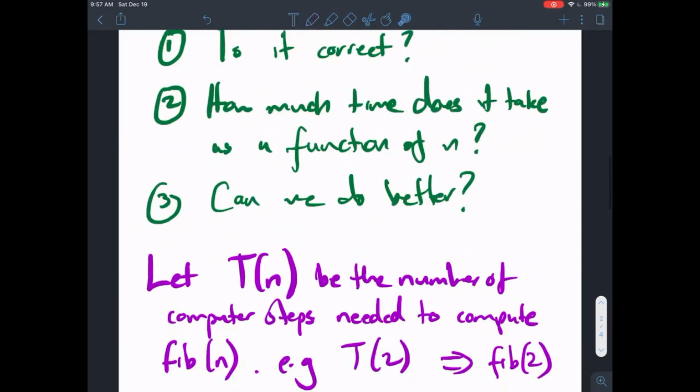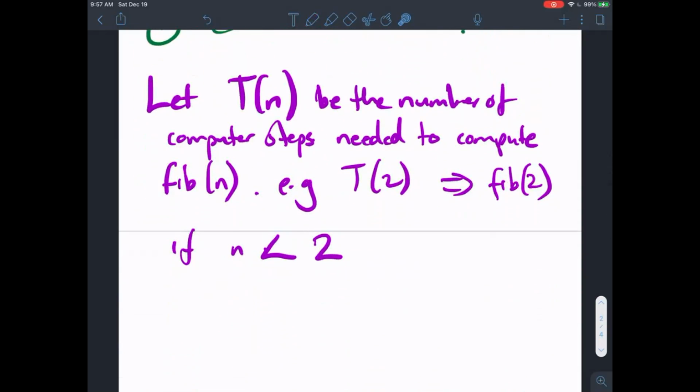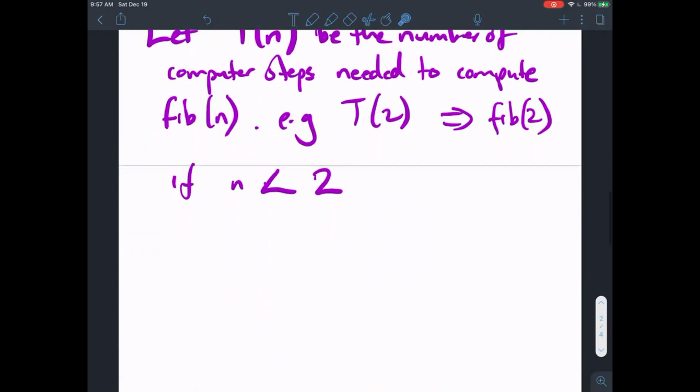If n is less than 2, then you can just say that our T of n is also less than or equal to 2, for n less than 2. This is not code, this is just English.